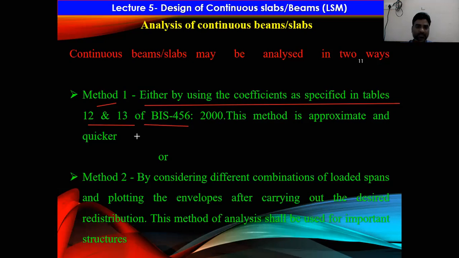As per IS 456-2000, a method is proposed for design of continuous beams and slabs for determining the maximum bending moment and shear force from Tables 12 and 13. From this method, you can determine the maximum shear forces and bending moments. And it clearly says that it is an approximate method, right?